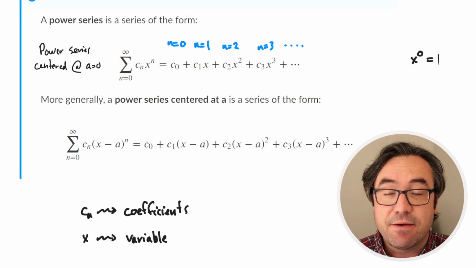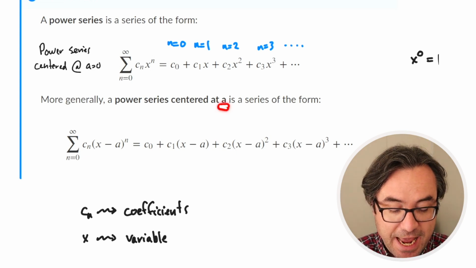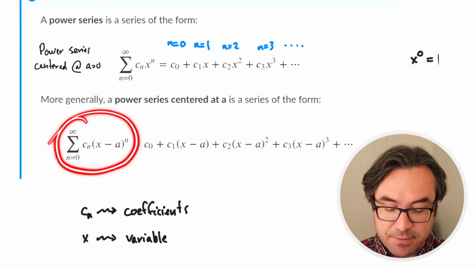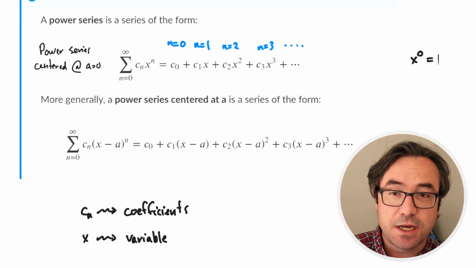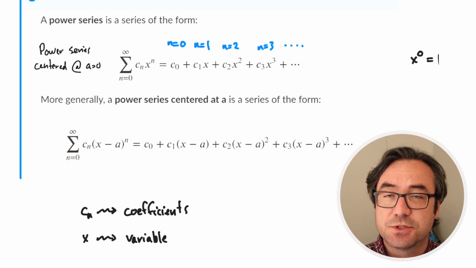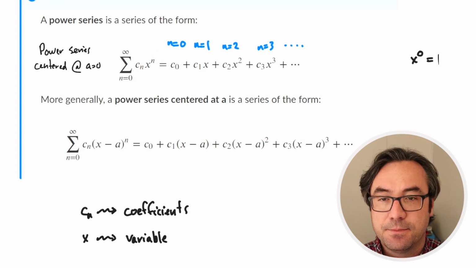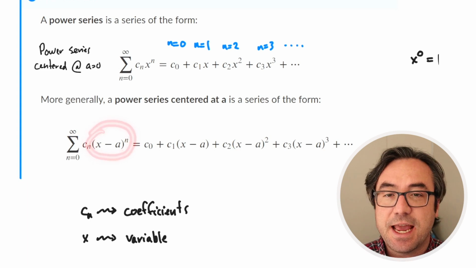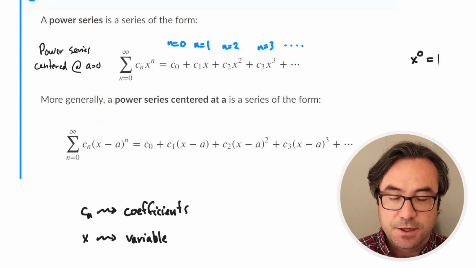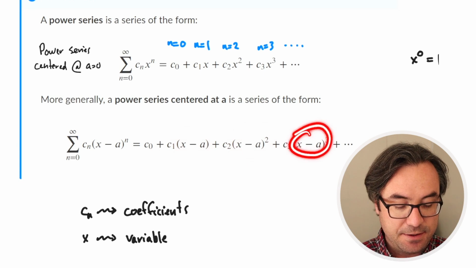More generally, we can have a power series that's centered at some other number, which we'll just leave as a. And it has the same kind of formula here. So we're going to be doing a sum from n equals 0 to infinity. We still have our coefficient term, so c sub n. But then rather than x raised to the power n, we're going to have x minus a raised to the power n. So really what we have in this power series is powers of x minus a.